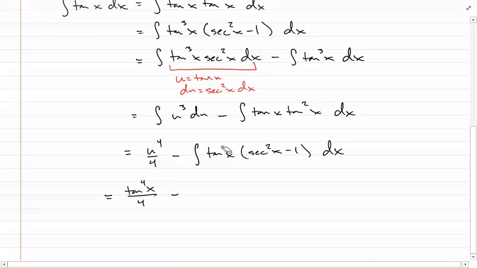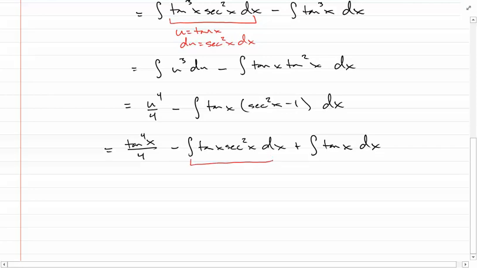Then we're going to distribute. Notice what's happening here. We're distributing a minus tangent x to each of those terms. So we're going to have a minus the integral of tangent x secant squared x dx. And then minus tangent x times a minus 1 would give me plus the integral of tangent x dx.